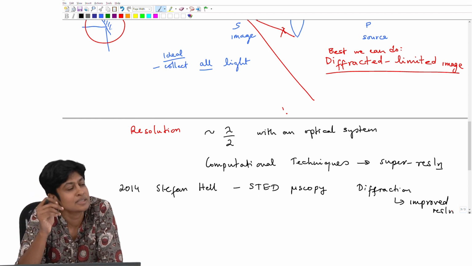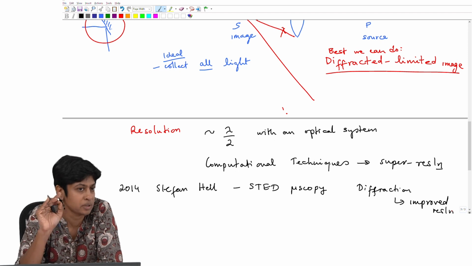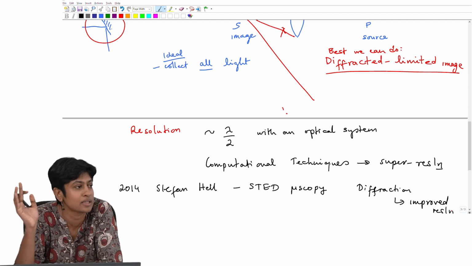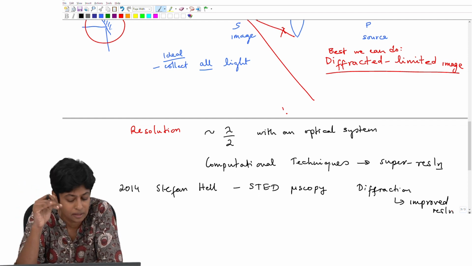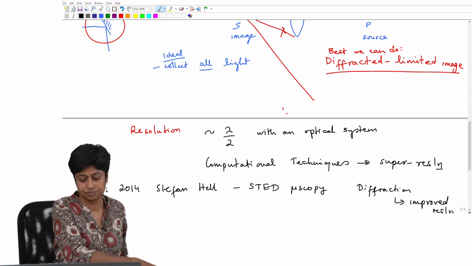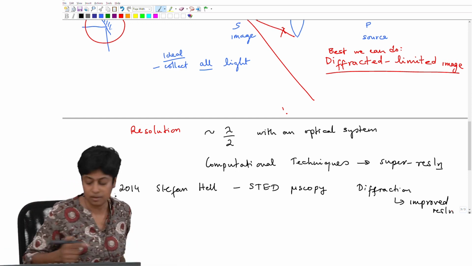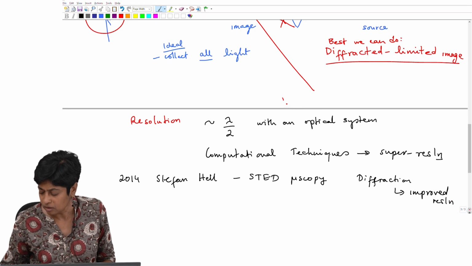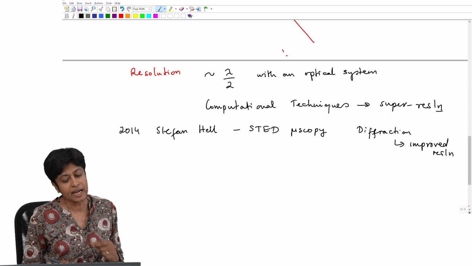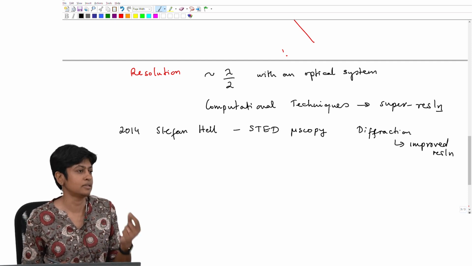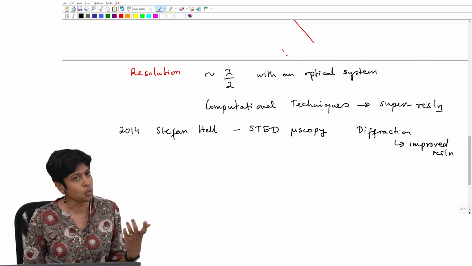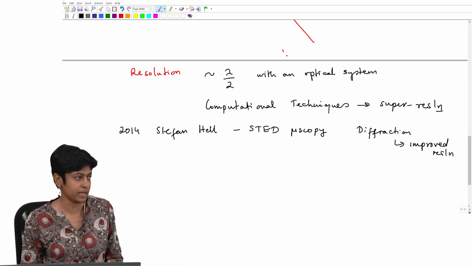So the main point is, in an optical system, wavelength is what will limit your resolution. There are other ways of getting much better resolution, but in an optical system, this is what your limit will be. One way to think of this is, since the resolution is limited to lambda by 2, you can think of going to lower and lower wavelengths.